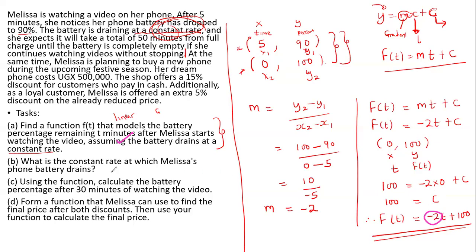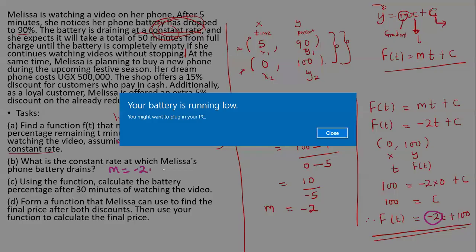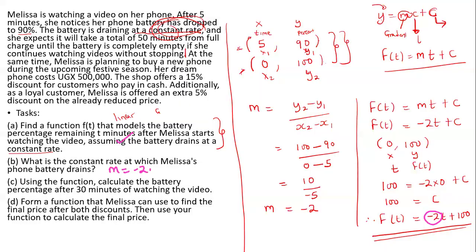So here the constant rate is m is equal to -2. But you don't stop at that point. You go on and say, this means that the battery drains at 2% per minute.